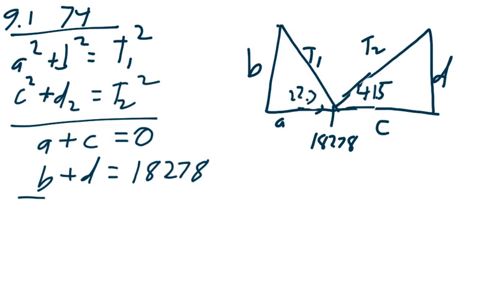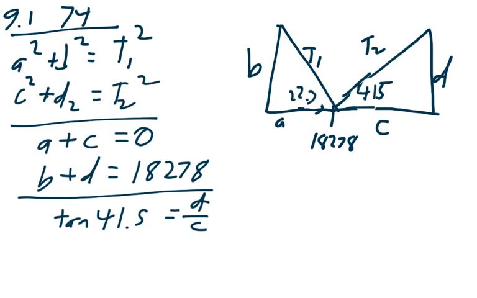Now, the last two equations, I know that this is going to be a lot, but we have two equations. I know that the tangent of 41.5 equals d over c. I also know that for this next one, I have to use this angle because we're thinking about this in the coordinate plane.